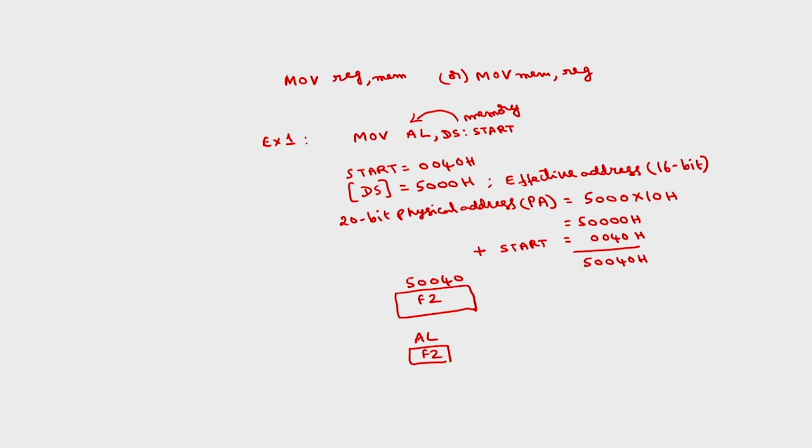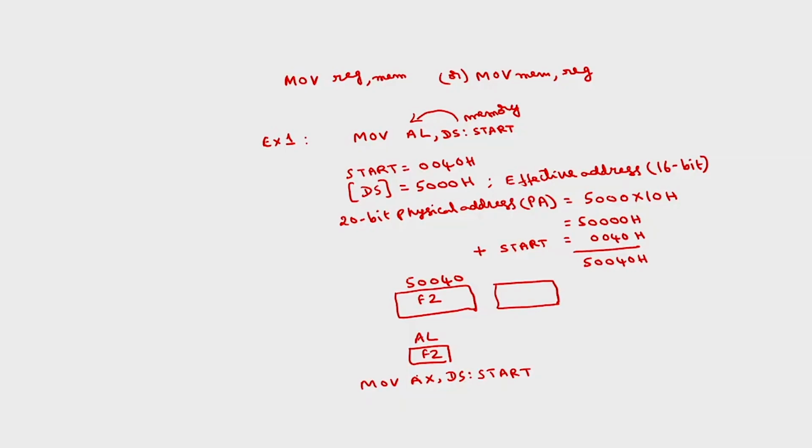For example, instead of writing AL, if I write MOV AX, comma, the same thing, DS slash start, and I assume the same values of DS and start, then because the destination register is a 16-bit register, it will read a word, which is 2 bytes. If the destination register is an 8-bit register, it will simply read a byte from this location.